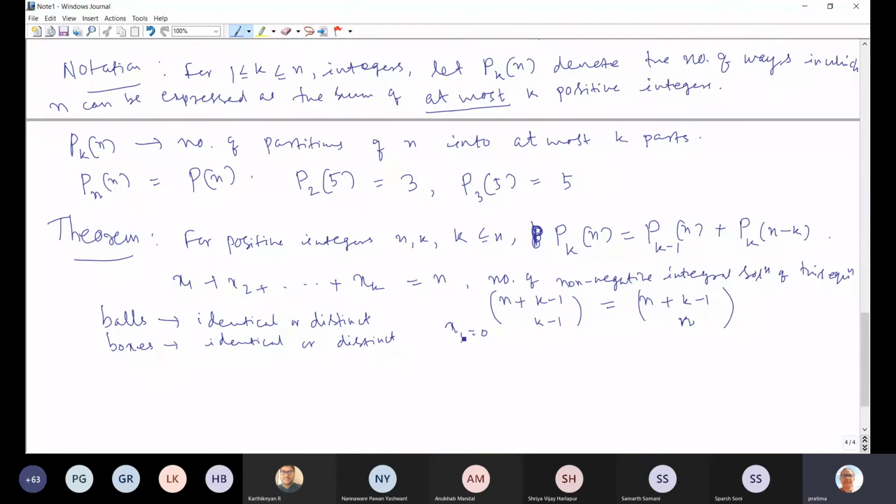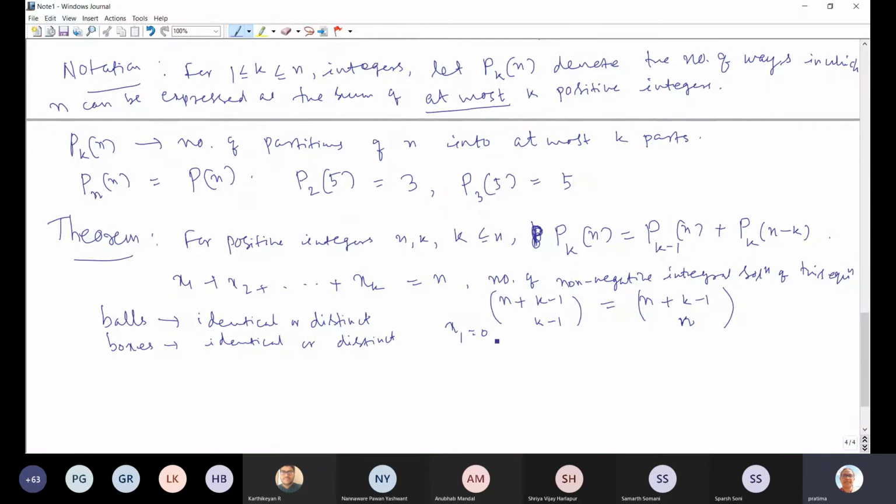If x1 is 0, the first box may be empty, because it is not receiving any ball.